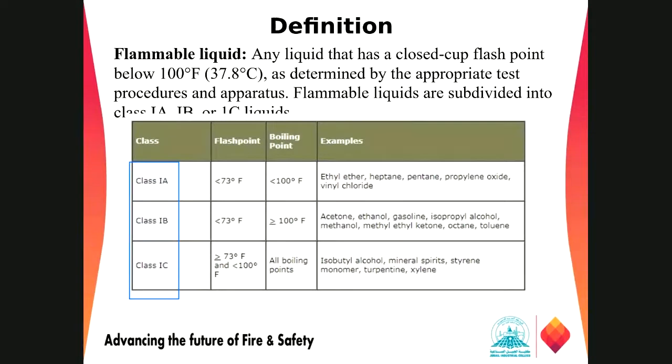Similarly, for class 1B, we have acetone, ethanol, gasoline. Gasoline we are using for our petrol is under class 1B, and then we have class 1C, which is isobutyl alcohol, mineral spirits, styrene monomers, and all those kinds of products coming from the crude and petroleum industries.